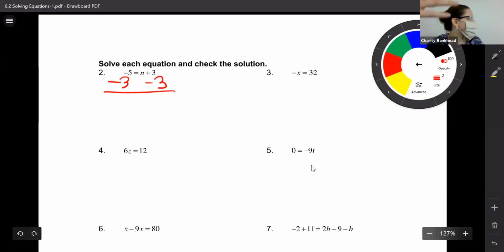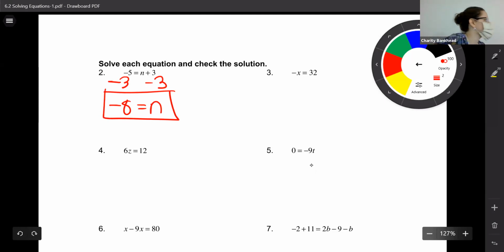The opposite of plus 3 is minus 3. So negative 5 minus 3 equals negative 8. So negative 8 equals n, and that's the solution to the equation. Then you could check that by plugging in negative 8 for n. Negative 5 equals negative 8 plus 3.